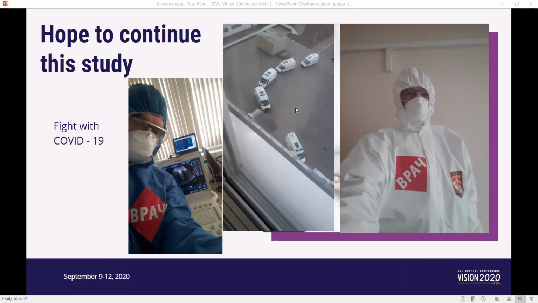I will say, however, that as we are working, we are also thinking about how any of our research can be applied to the fight against COVID-19, given that this disease has a significant vascular component. We do think that there are some relevances and have some ideas about it.